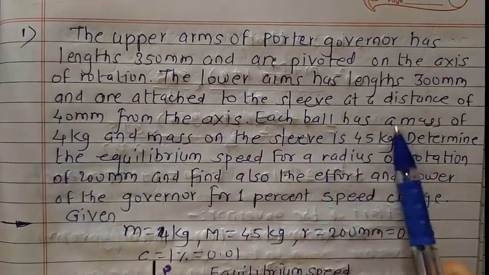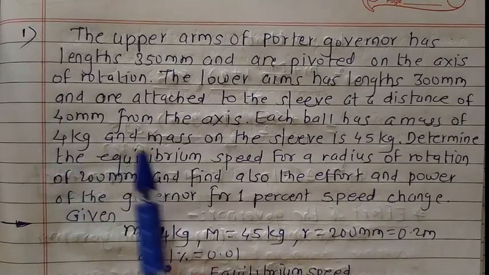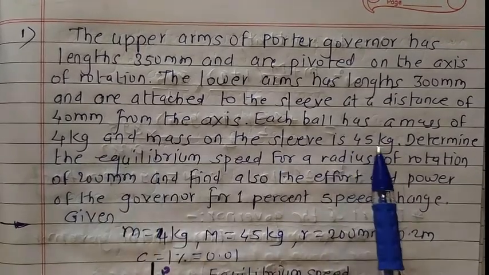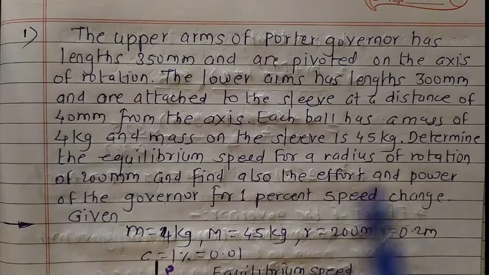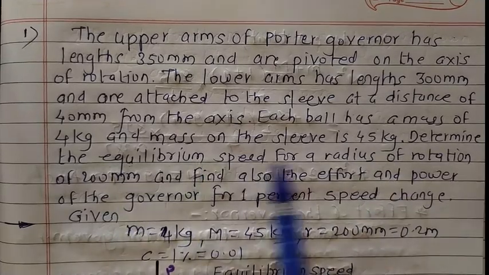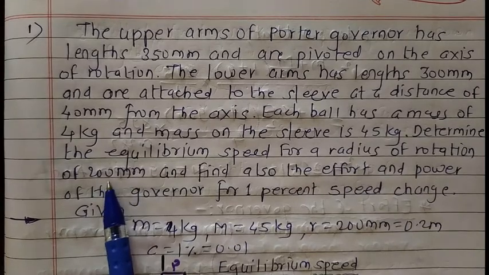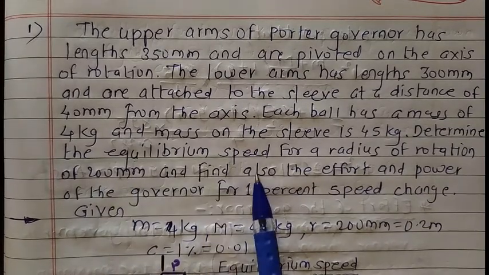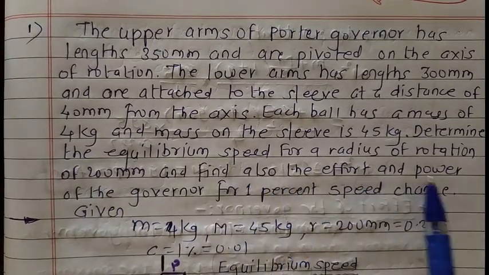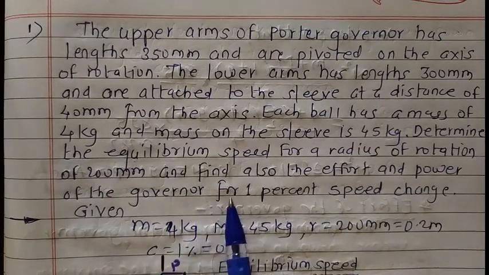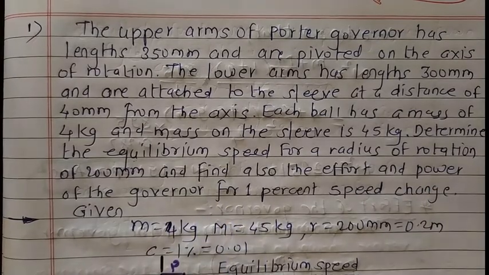Each ball has a mass of 4 kg and the mass on the sleeve is 45 kg. Determine the equilibrium speed for a radius of rotation of 200 mm and find also the effort and the power of the governor for 1% speed change.